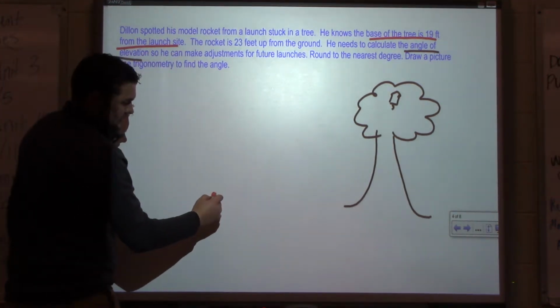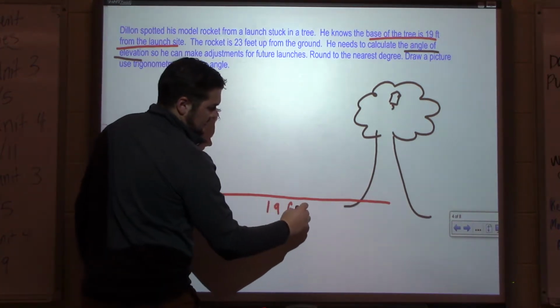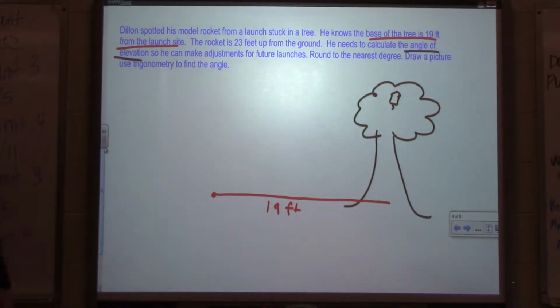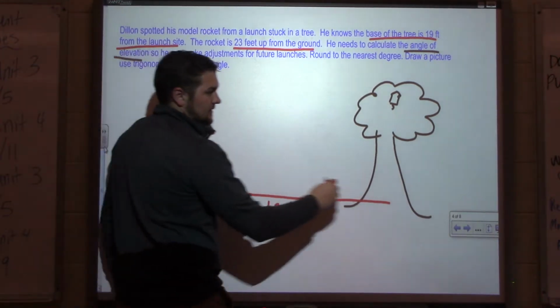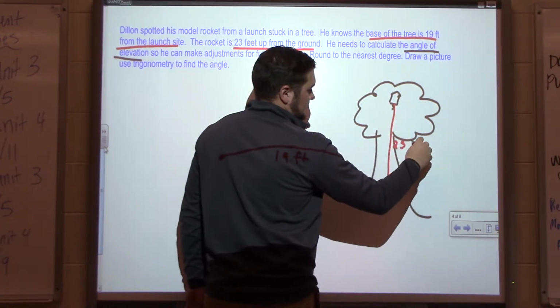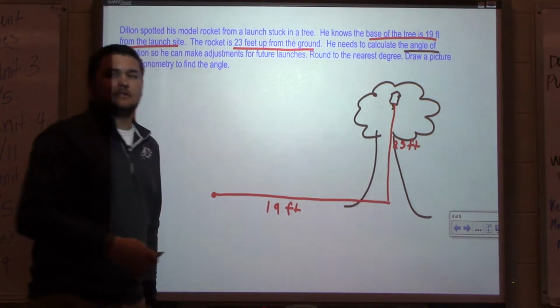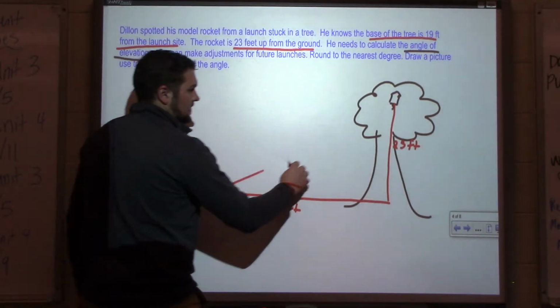So if I launch from over here, it is 19 feet to the base of that tree. Then he said the rocket is 23 feet up from the ground. 23 feet. That is a vertical line, by the way. Not everything's drawn to scale. So, 19 feet, 23 feet.